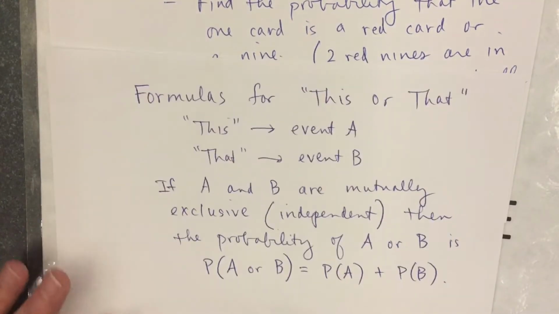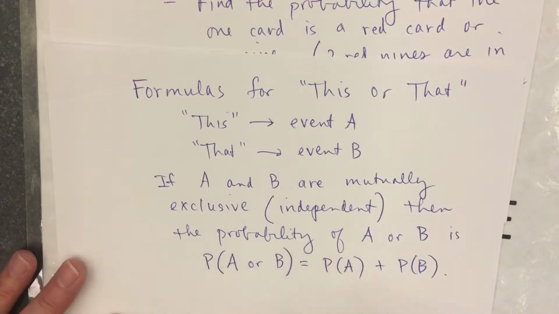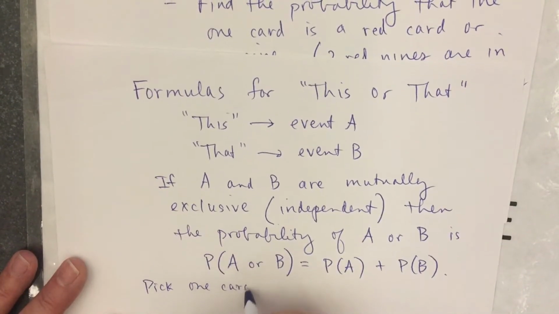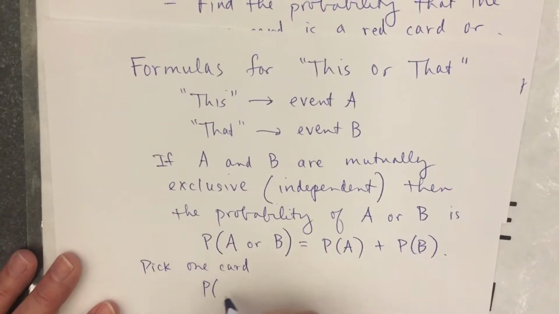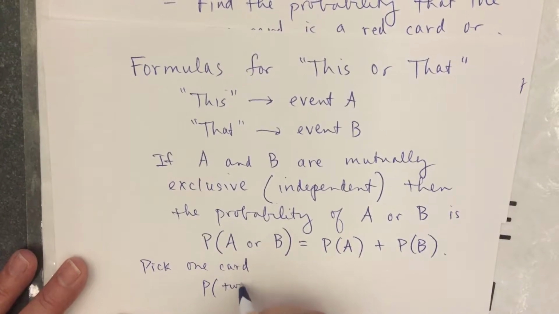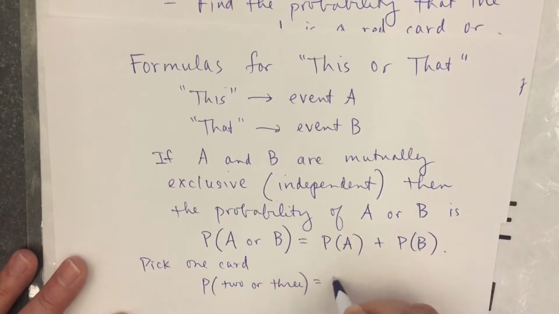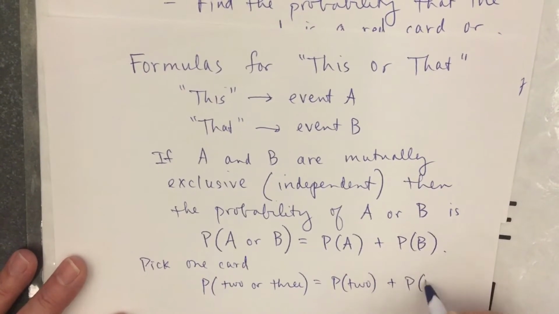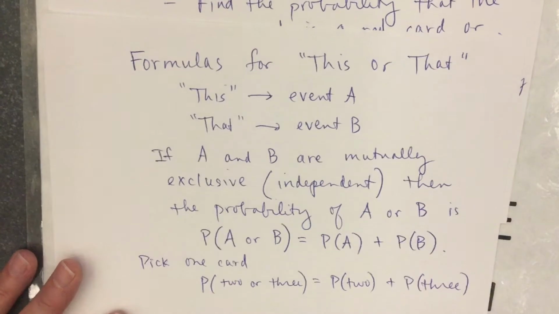If I use the formula, it would look like this. Pick one card. The probability of a 2 or a 3 is the probability of a 2 plus the probability of a 3.